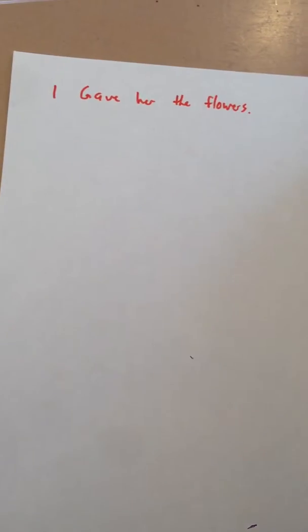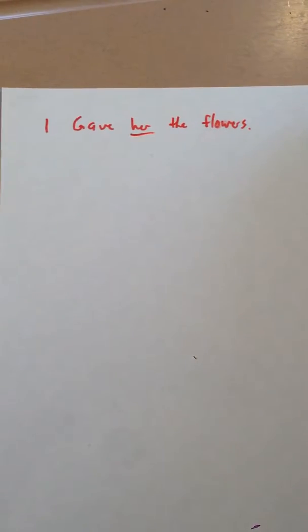So for example, in English, when you have a sentence like, I gave her the flowers, essentially what you did was you took the word her and placed it in a sentence where normally you would have somebody's name.